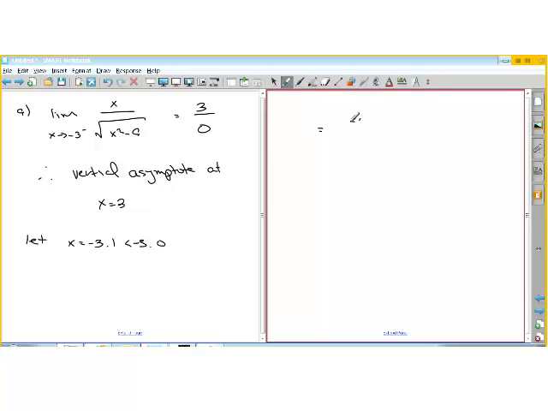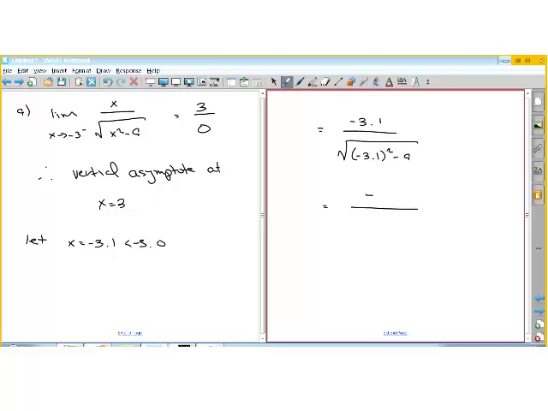So if you just plug in negative 3.1, you get negative 3.1 divided by the square root of negative 3.1 squared minus 9. Again, you could plug it in and get a number. It would either be positive or negative, but we can look at it just from a sign standpoint. So the numerator is going to be negative. The denominator has to be positive because you're taking the square root of a number, which has to be positive.